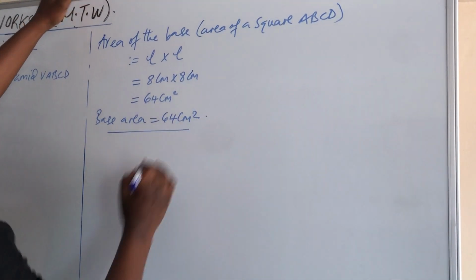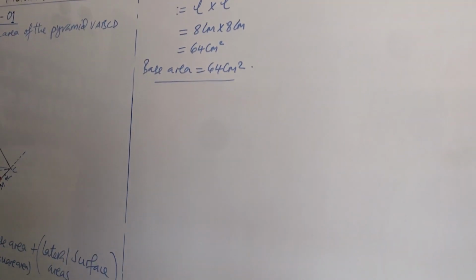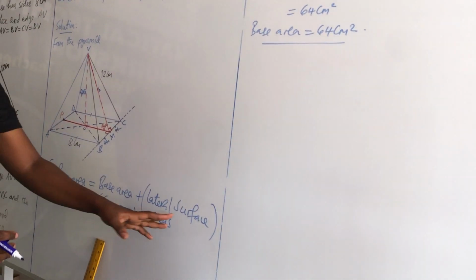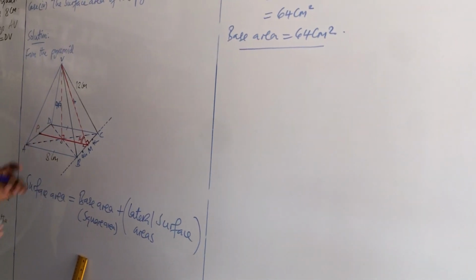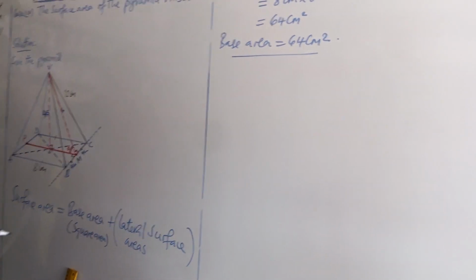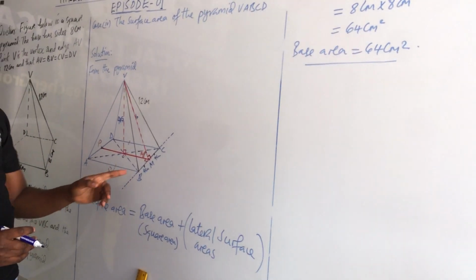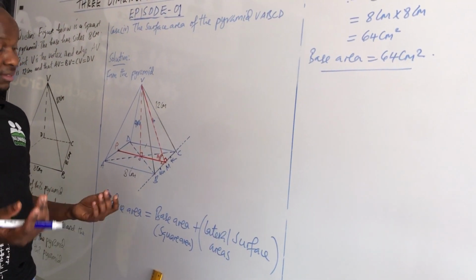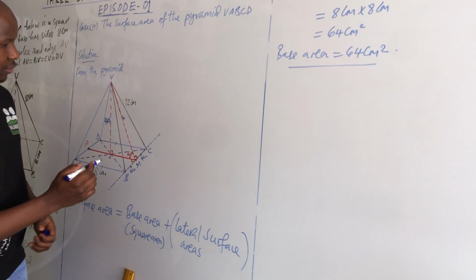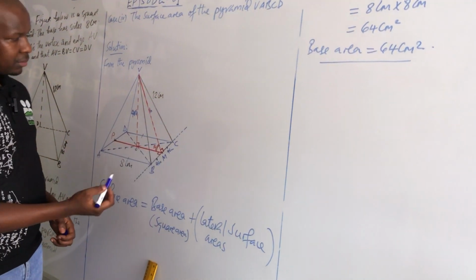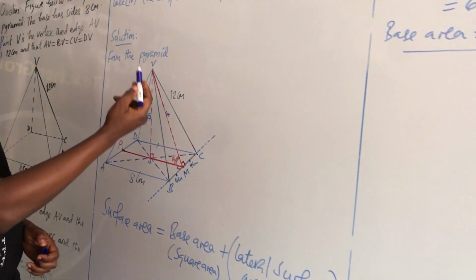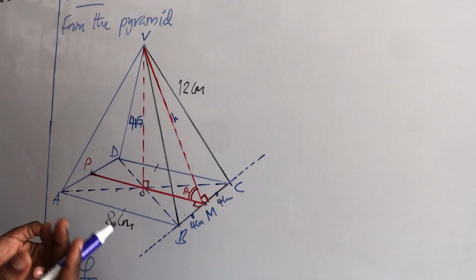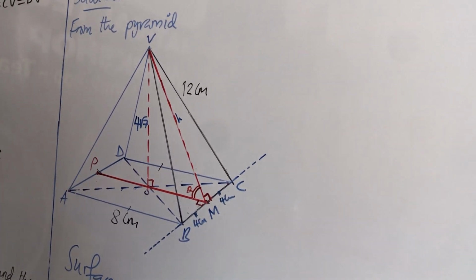Now coming to the lateral surface areas. As I said earlier, this refers to the areas of the faces which are not the base, I mean all these triangular faces. Because the base is a square, all the lateral faces are the same. As you can observe, VBC equals VCD equals VAD equals VAB. So they are 4 in number and all of them are congruent.